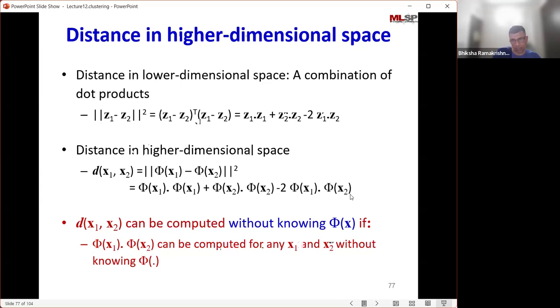So what this is telling me is that if I could somehow compute this inner product, phi x1 dot phi x2, without actually computing phi, then I can compute the distance, correct? All I need to be able to do is to compute this inner product, and then I can compute the distance, right?